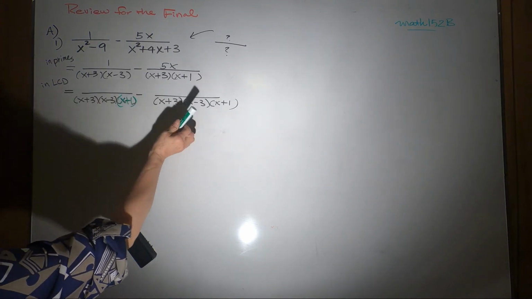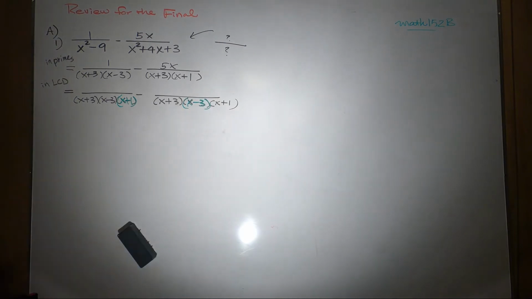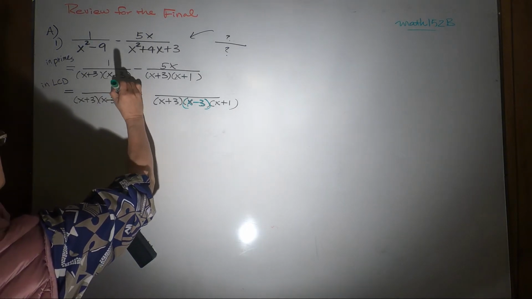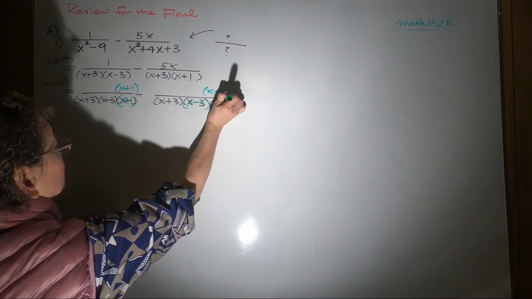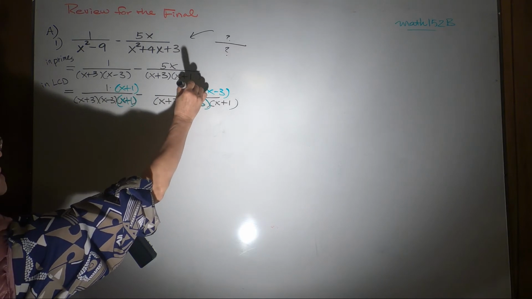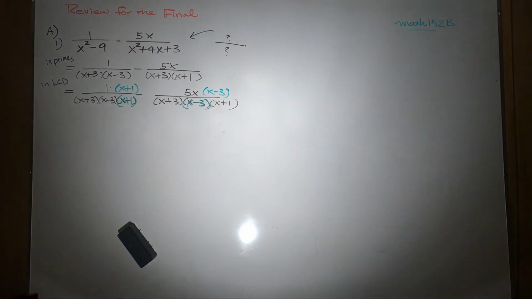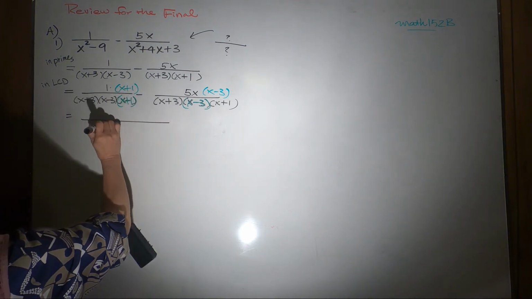Then for this one, the extra is x minus 3. If you do it on the denominator, you also need to do it with the numerator. For x plus 1, that's 1, that's 5x, right? So now we have LCD form.